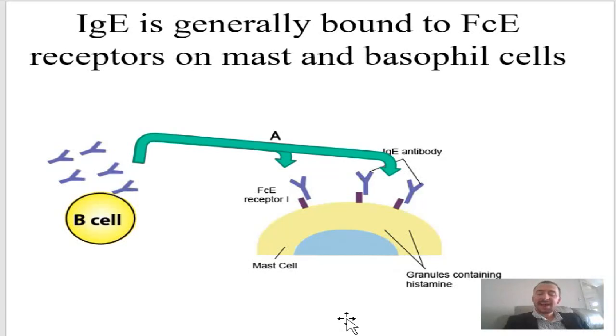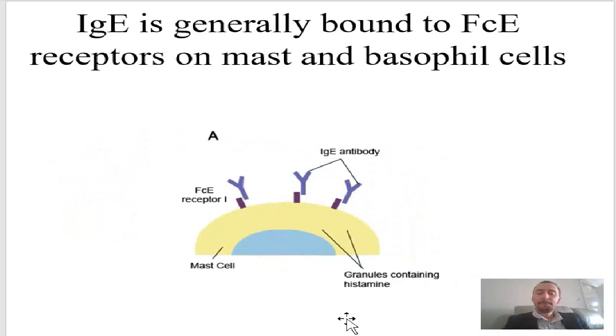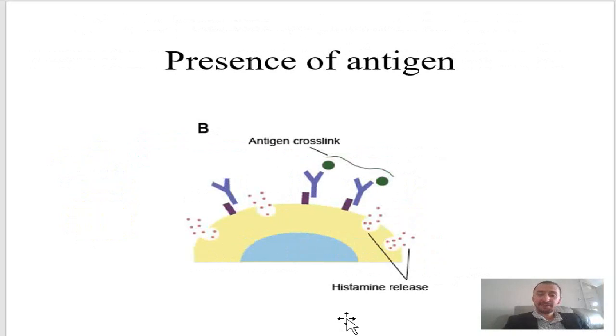And then upon the second exposure, some of the peanut allergen arrives and binds to the IgE that's bound to the Fc receptors. Just as an example, of course, there could be other antigens that cause a similar response. But in this case, the peanut allergen binds to the IgE bound to the mast cell.